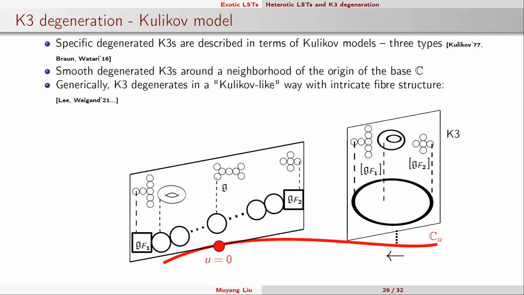Unfortunately, in most cases of the string theories we study in our work, they don't fit into the 3 previous types of the Kulikov models studied in the literature. Namely, we hope to investigate Kulikov-like models to study the K3 degenerations.